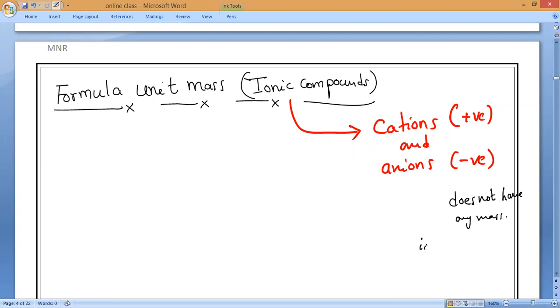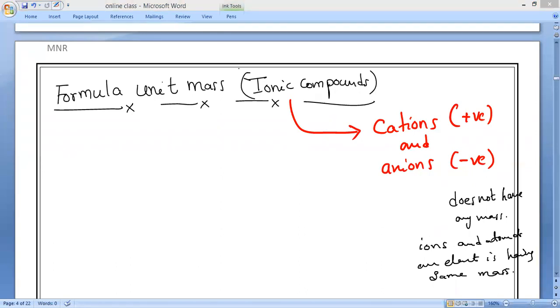So an ion and an atom of an element have the same mass. Is it okay? Is the charge influencing the mass or not? Is there any importance for charge while calculating the mass? No, sir.